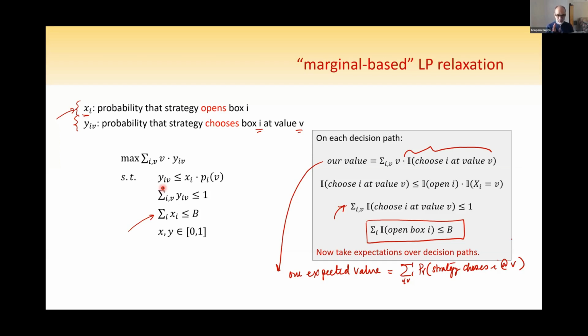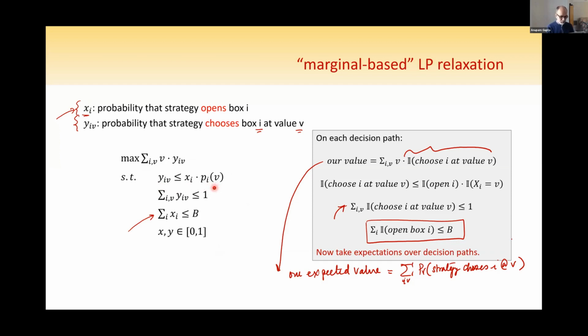Okay. So what I want you to take away from this is, if you're looking at these quantities, each of which is a collection, they satisfy these constraints. Our value is this. And for the second line, I'm using independence.